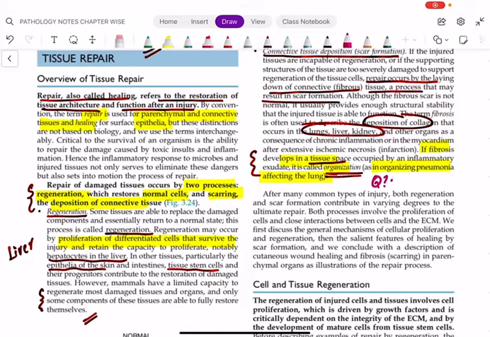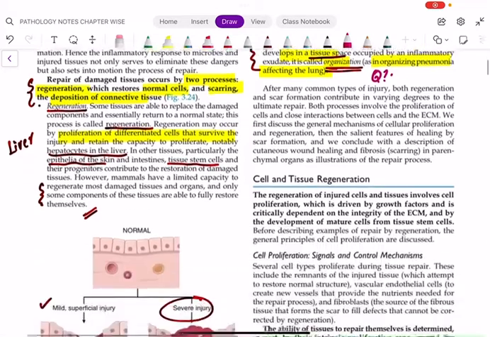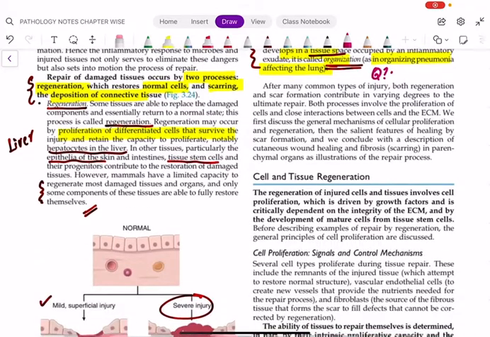Whether it is fibrosis, organization, or regeneration, there are some common mechanisms that both have to undergo. First, let us see about tissue regeneration. How are the cells regenerating?